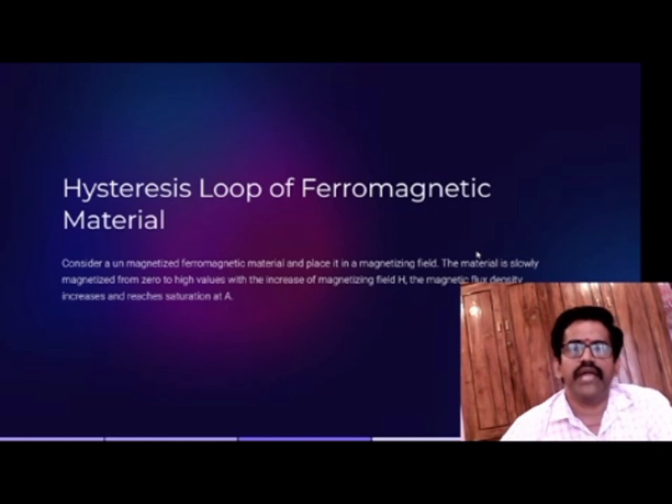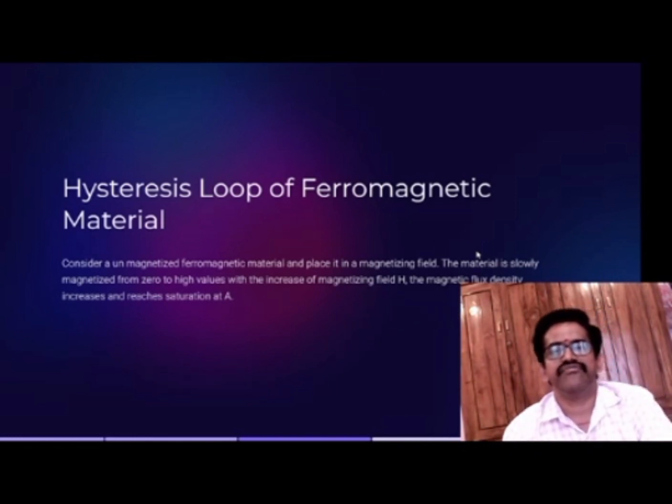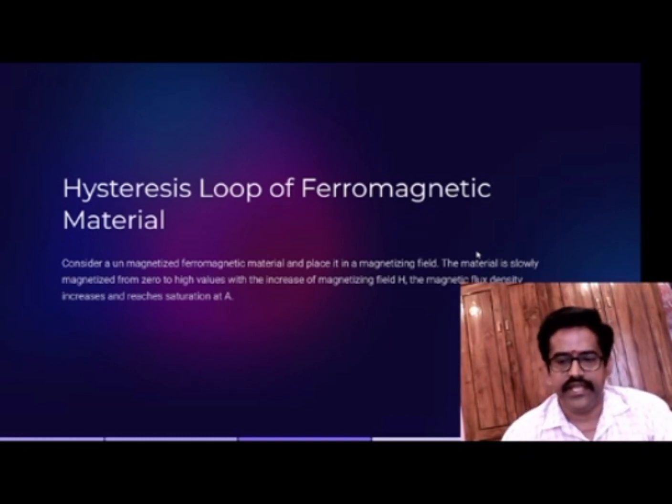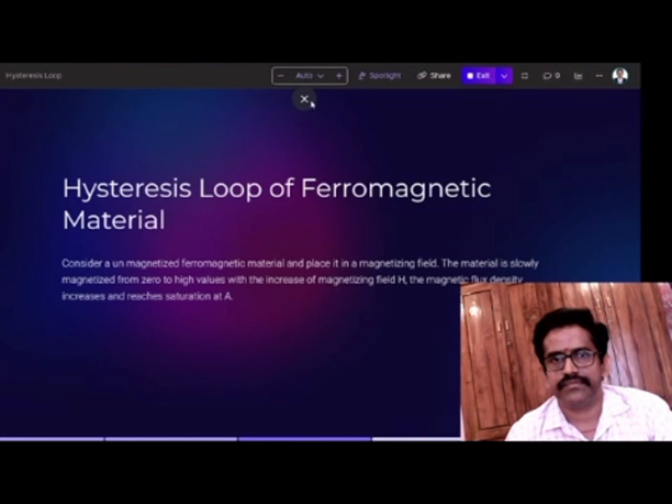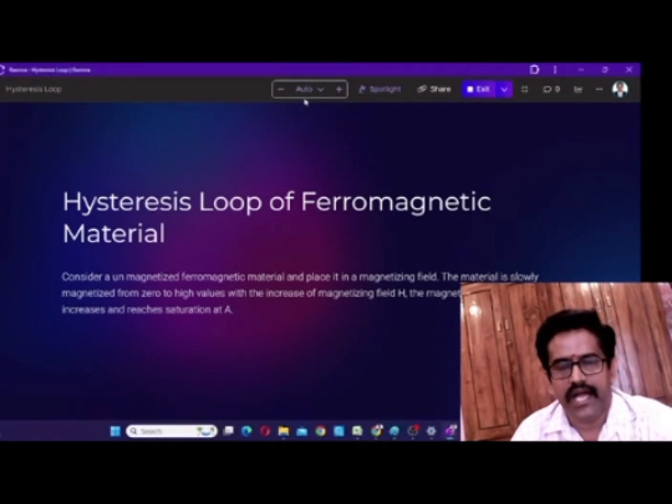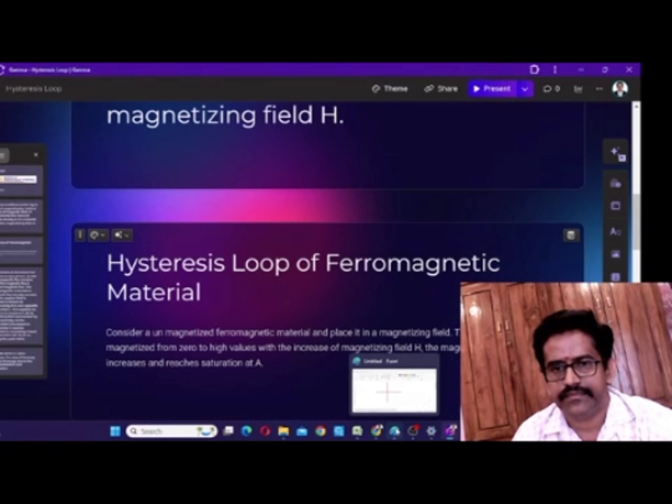If we slowly apply the magnetizing field H to that material, the magnetization will gradually increase. From this figure, I will draw this diagram.